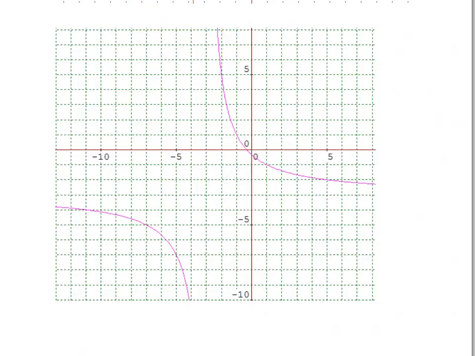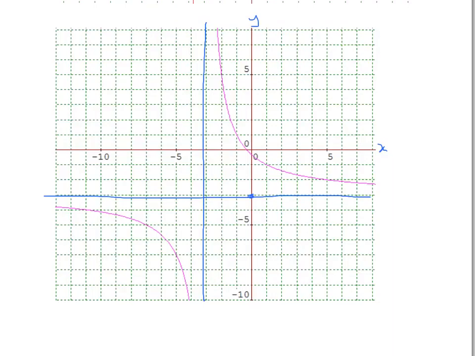Okay, we found one more different one. We draw our asymptotes in midway. This is getting closer to here, and these are getting closer to that line there. So our asymptotes, this is our x and our y.